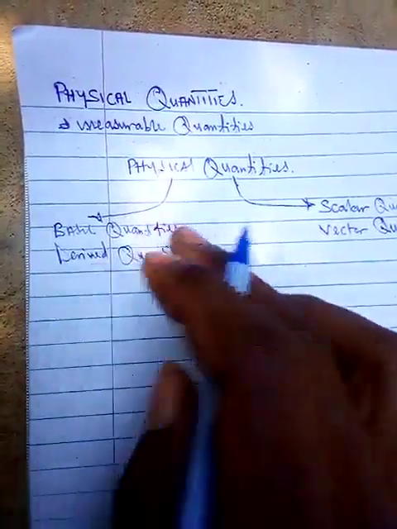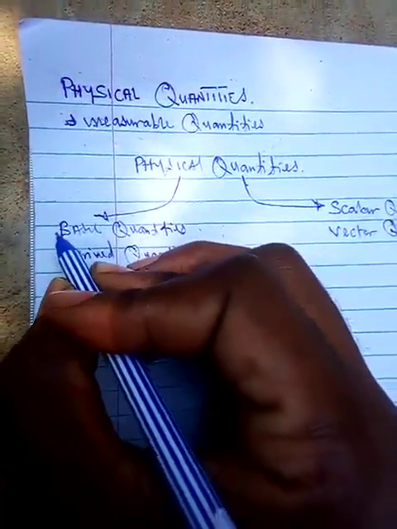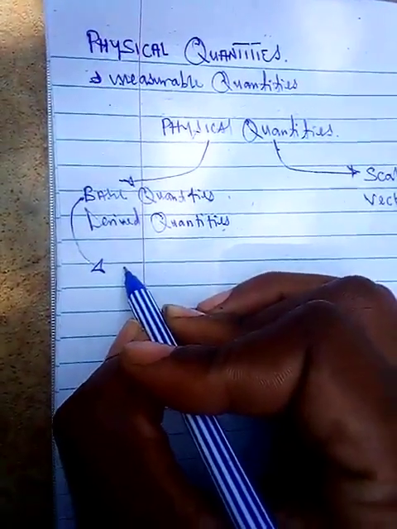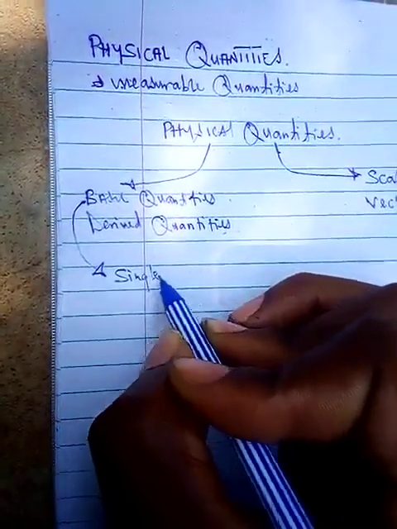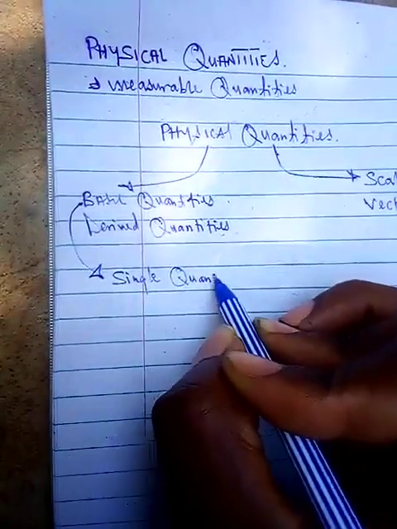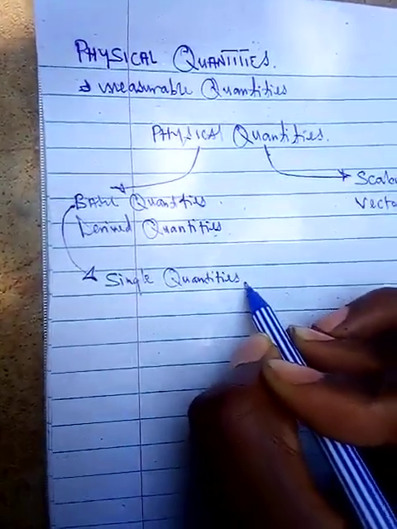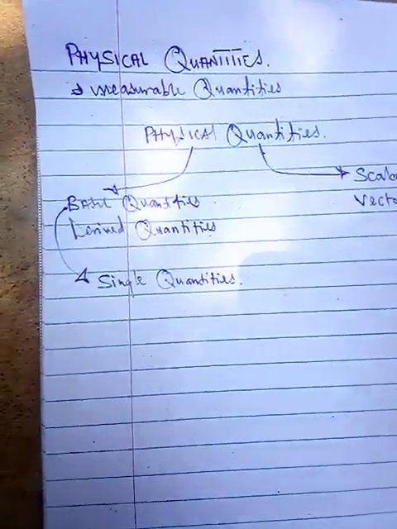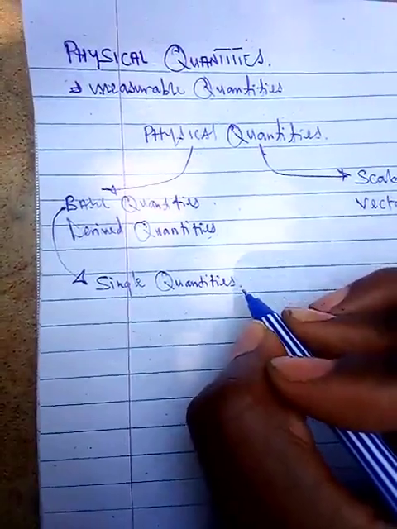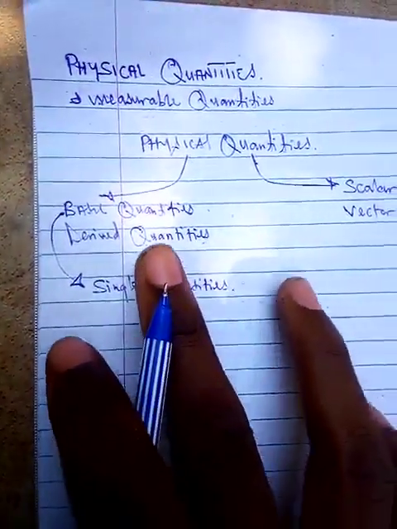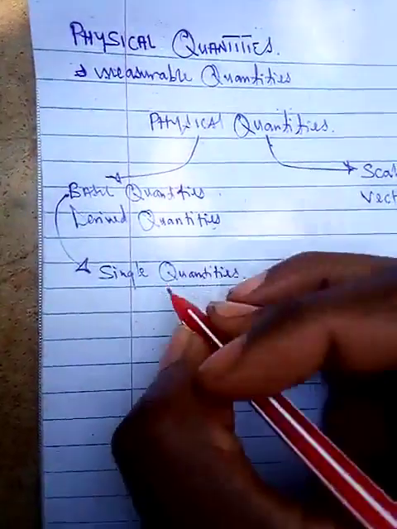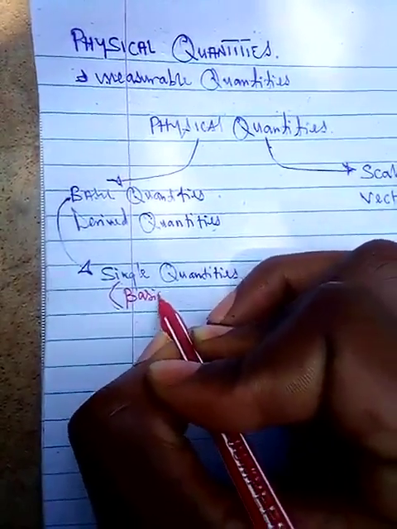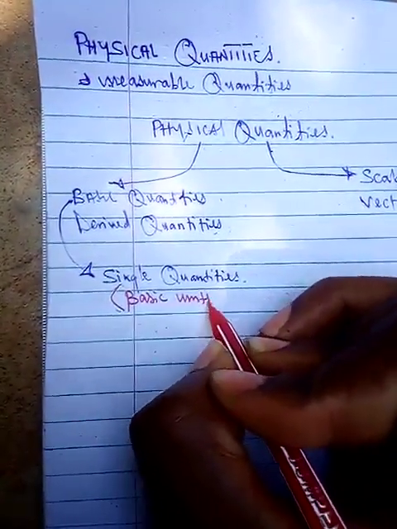Well, the simplest definition that you can give about basic quantities is that basic quantities are just single quantities. They don't have any other quantities which make them up. And one thing that you need to know is that these basic quantities tend to have what I like to call basic units.